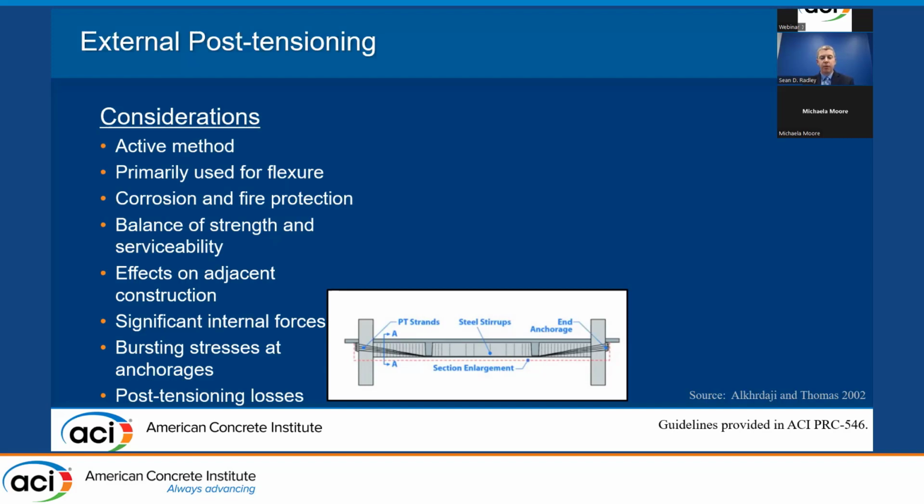And we're dealing with significant internal forces, and associated with that, we've got to design and make sure the existing structure is capable of taking the bursting stresses at the anchorage locations. Another consideration for the design is long-term and short-term post-tensioning losses.